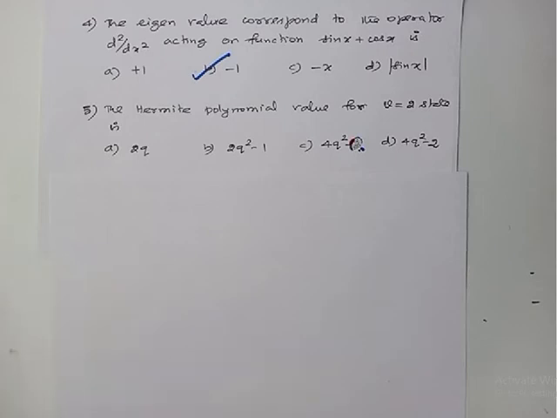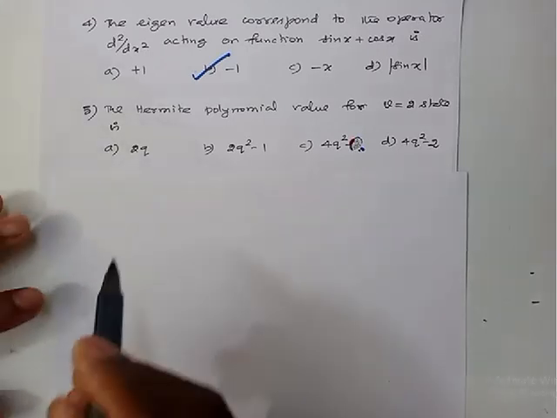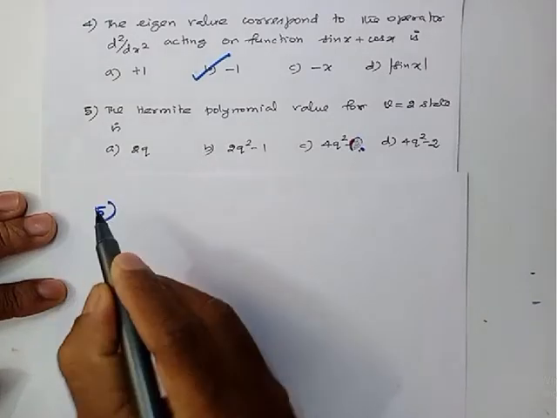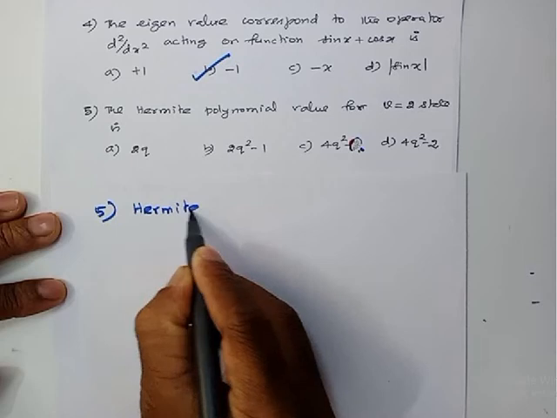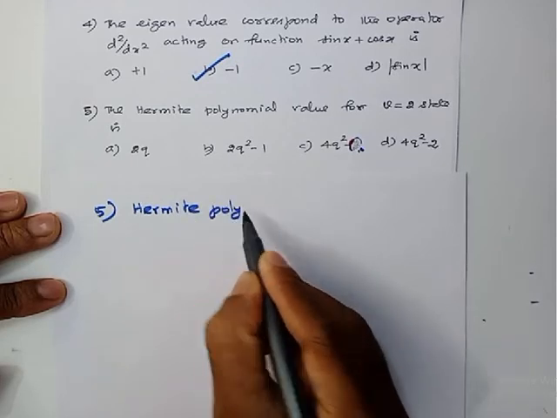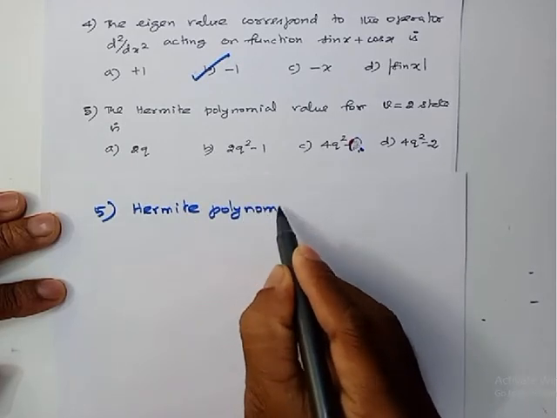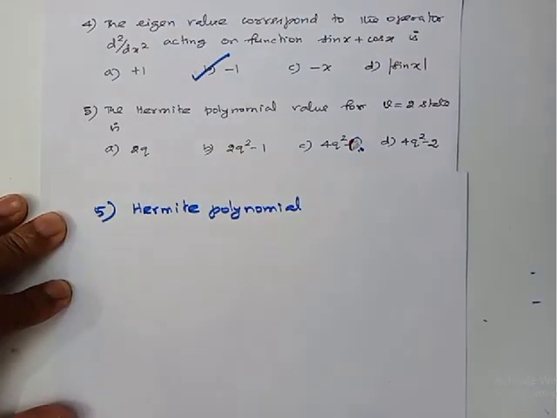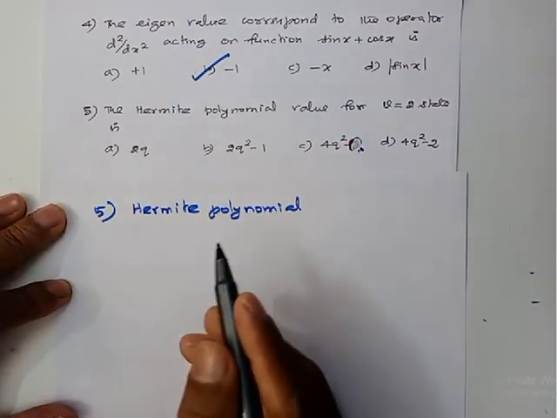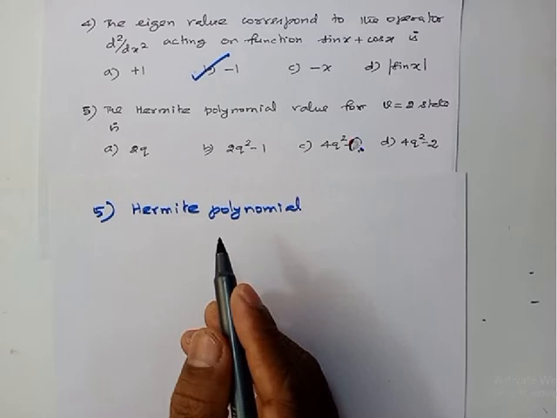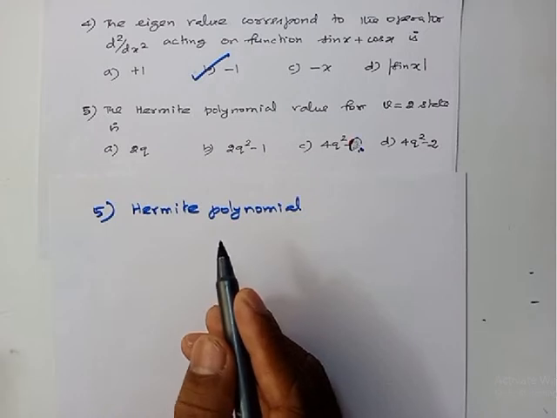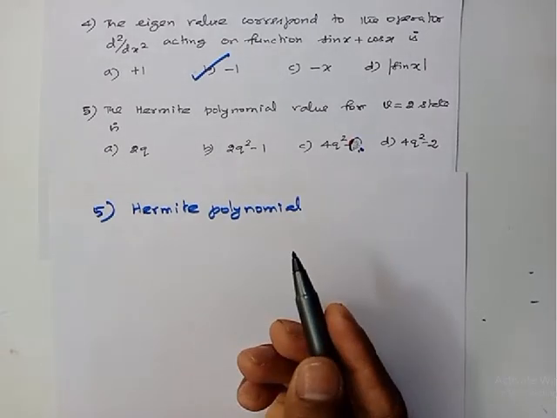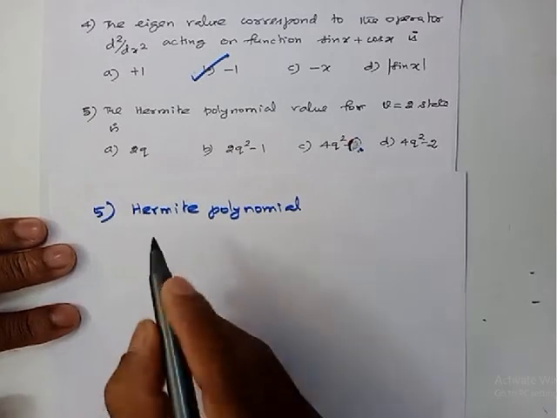You know very well the general formula for the Hermite polynomial. Let me write here, question number 5. Hermite polynomial. In the one-dimensional simple harmonic oscillator, the wave function contains the Hermite polynomial, right? Let me write the wave function first.